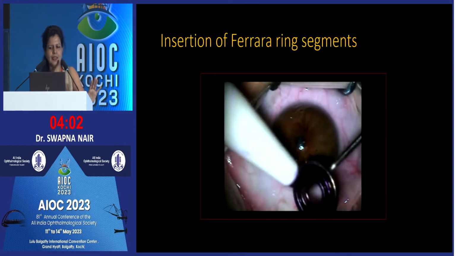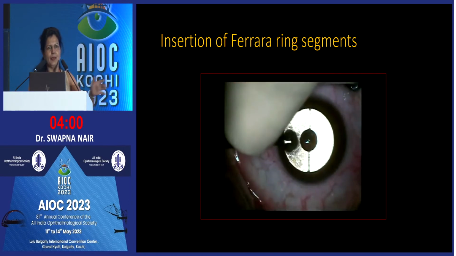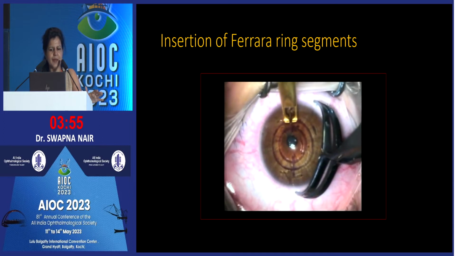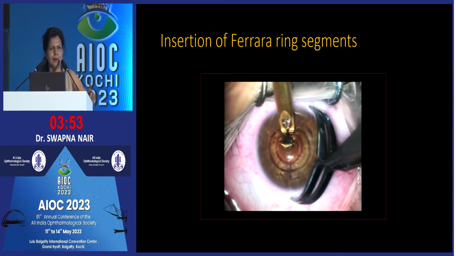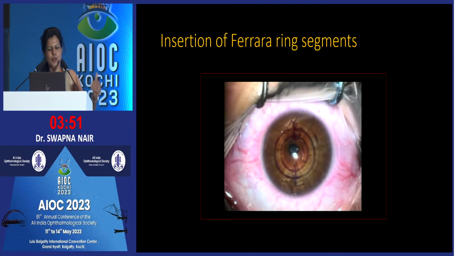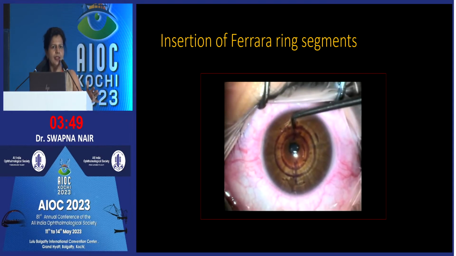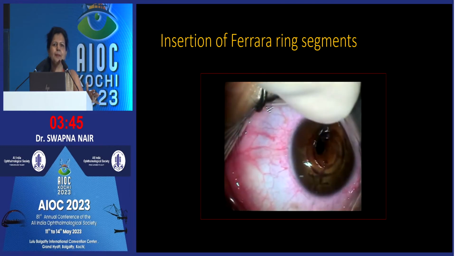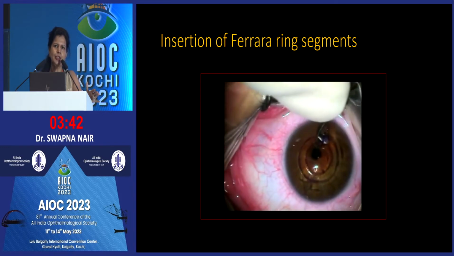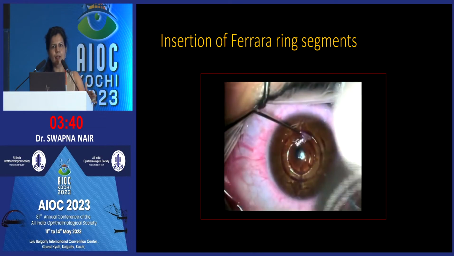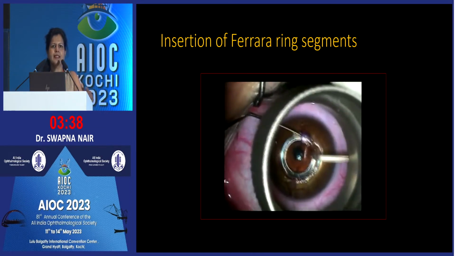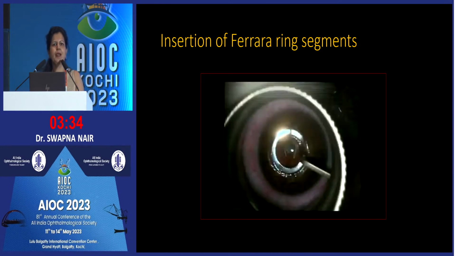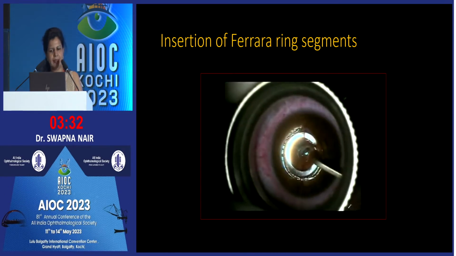Now, coming to the insertion of Ferrara rings, this is a manual dissection of the cornea for insertion of the intracorneal ring segments. You can see that a vertical cut is made to define the pockets through which the ring has to pass. The pockets are taken completely circular, and then you can insert either one or two rings of the same dimensions or different dimensions, depending on how symmetrical the cornea is.